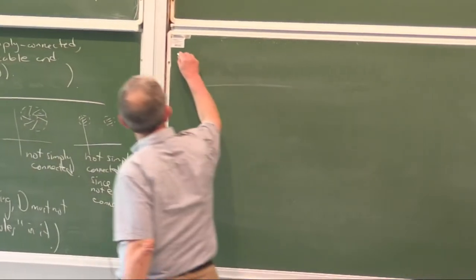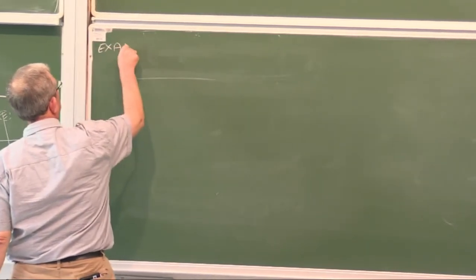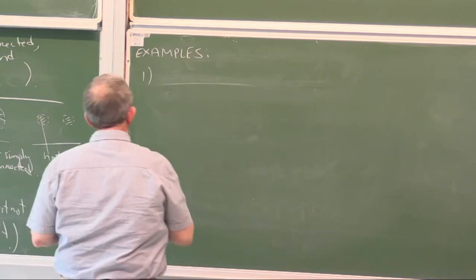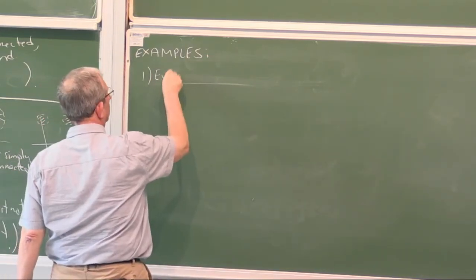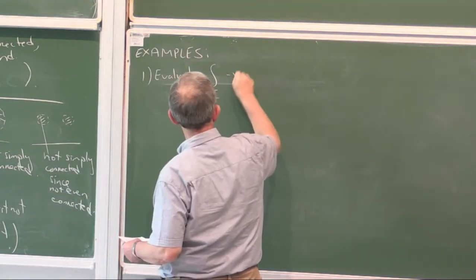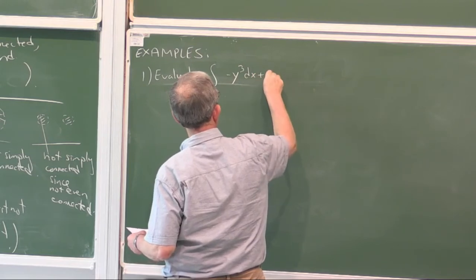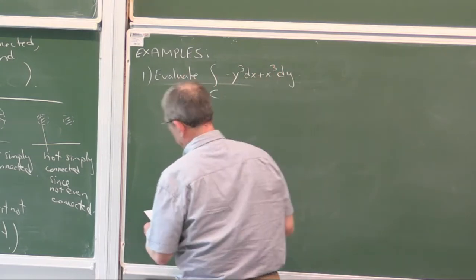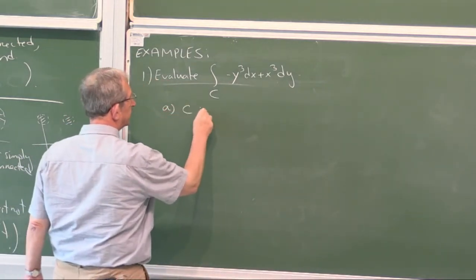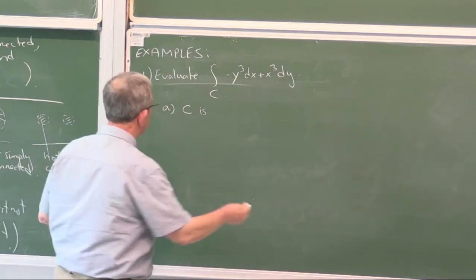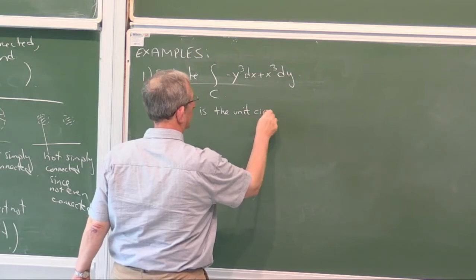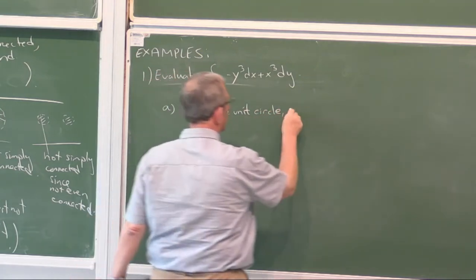Okay, now let us see some examples. We want to evaluate this integral where C is, say, the unit circle, counterclockwise oriented.